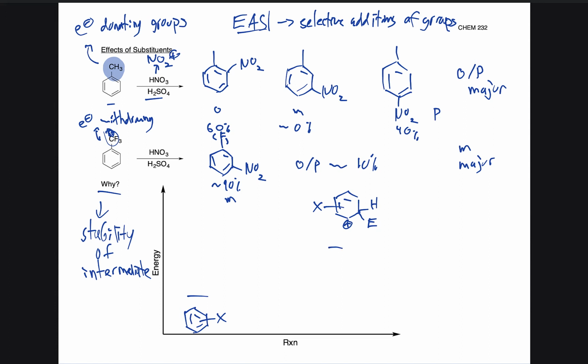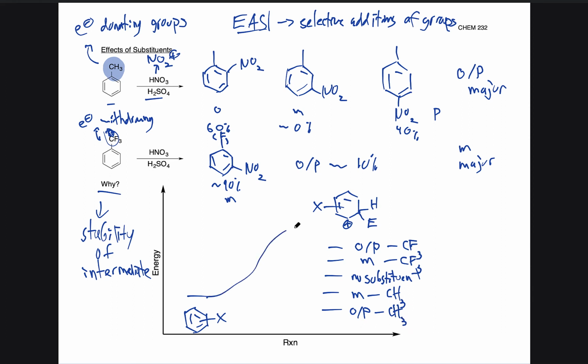But it depends on the substituent we're adding. So when we have a withdrawing group, it's going to be higher in energy than if we have a donating group. If we have regular old no substituent, it's kind of in the middle here. And when we have an electron donating group, it's lower in energy.